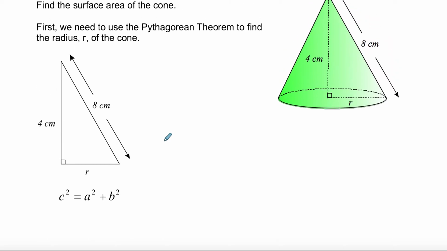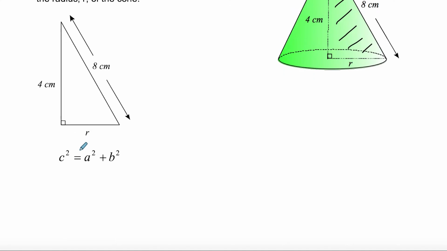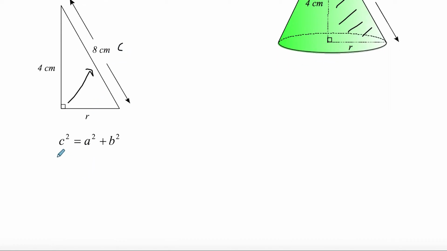So if we just imagine this triangle, pulling that triangle out of the cone, it would look like this one over here, and we're trying to find out what the radius is. So don't forget, if the 8 is across from the 90-degree corner, and the corner is kind of pointing at the 8, then this would be our side C, or that would be our hypotenuse. That has to go in for C over here.